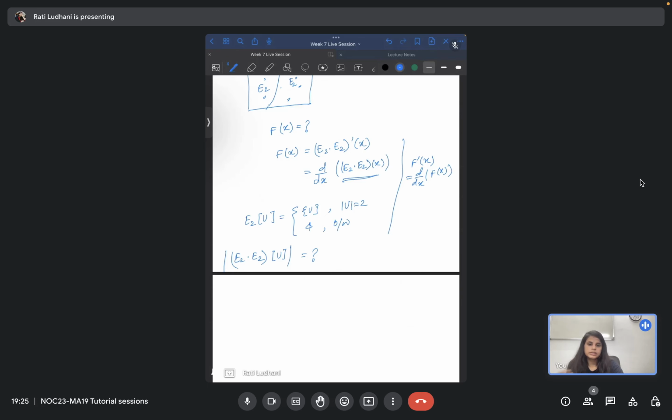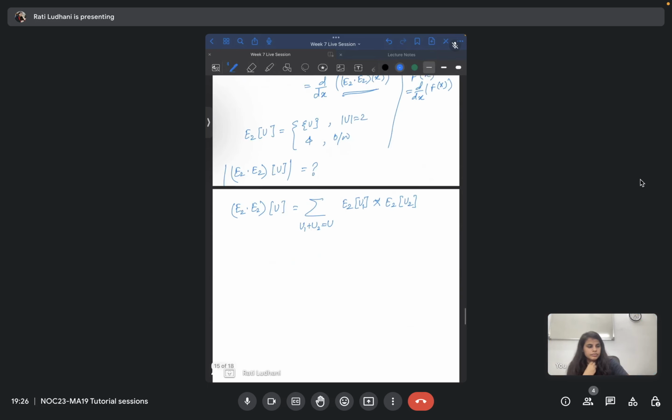If we can get this, then we can write the exponential generating function and we can complete the question, right? So what is e2 dot e2 u? Again when you are concerned with the cardinality, you can go by this, and you will have e2 u1 cross e2 u2. Is that clear? Yes, ma'am.